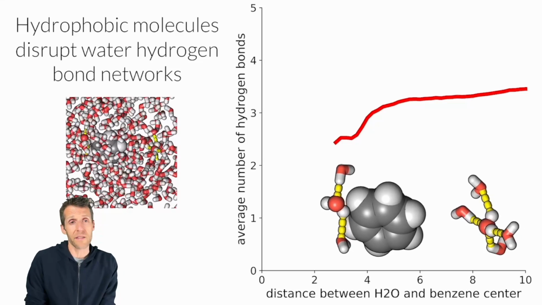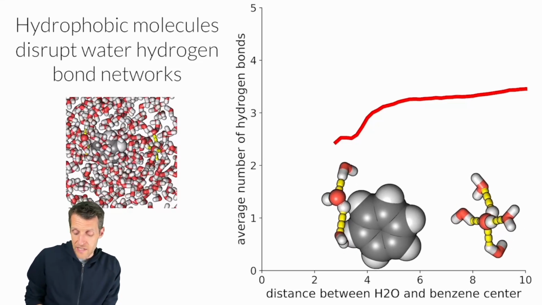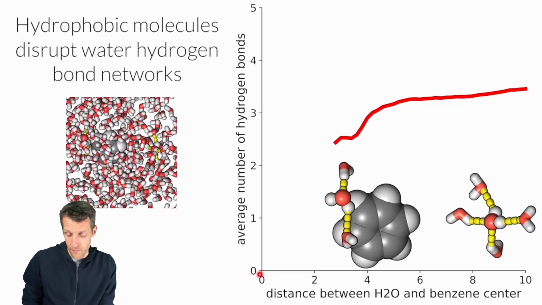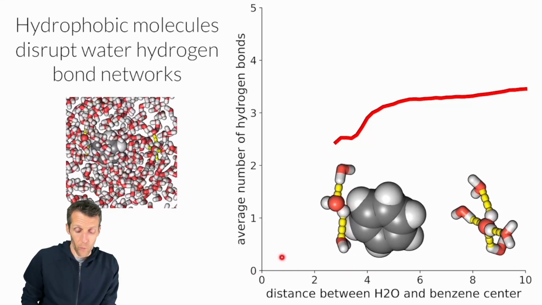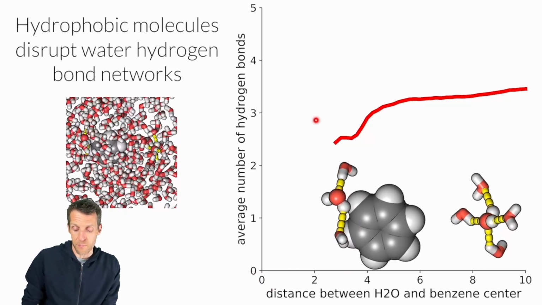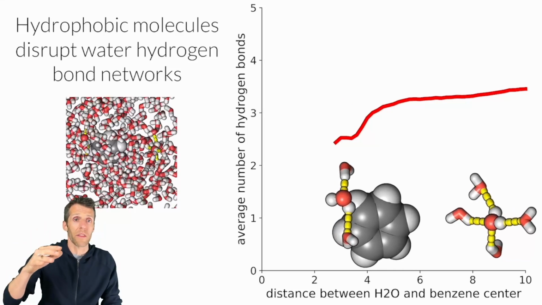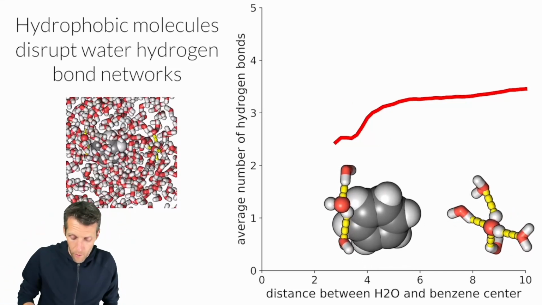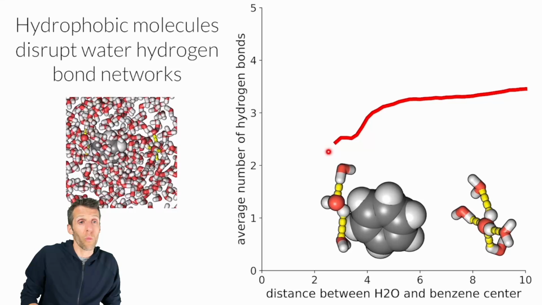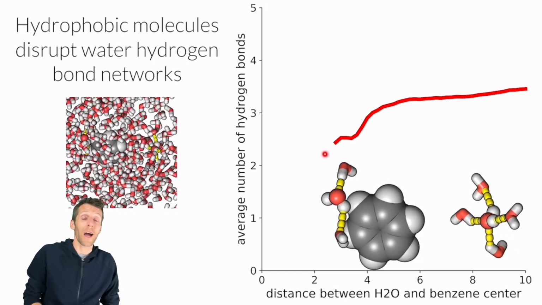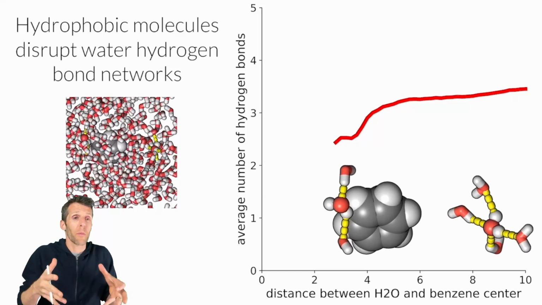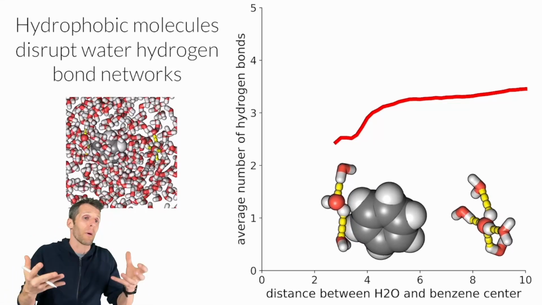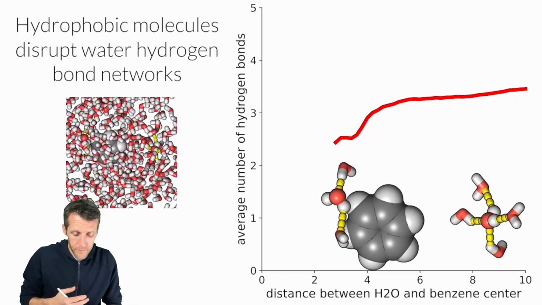And in fact, this holds true statistically. If we just calculate over, say, a molecular simulation, what's the distance between water and benzene, and how many hydrogen bonds does it have, what we see is there's a pronounced dip right in the shell, right in the region around the benzene, where we have fewer hydrogen bonds per water molecule as opposed to out in the bulk. So the hydrophobic molecule is disrupting the hydrogen bond network around waters.